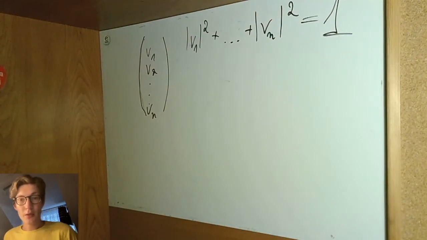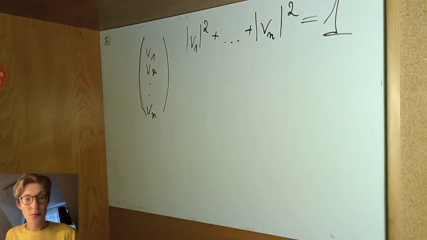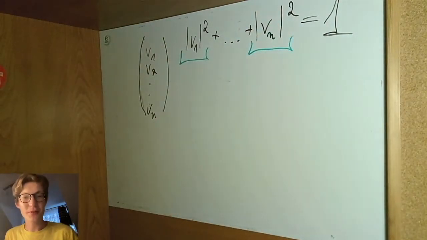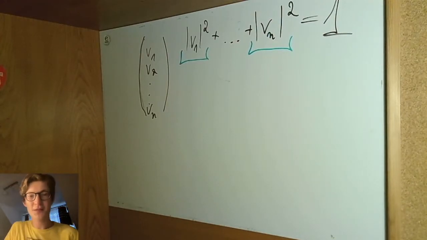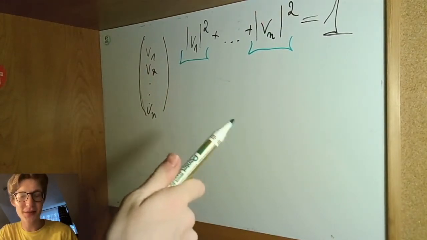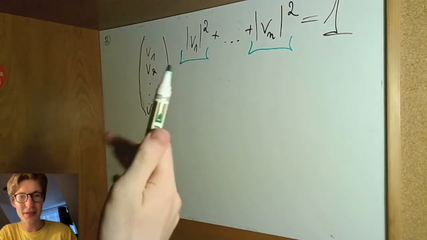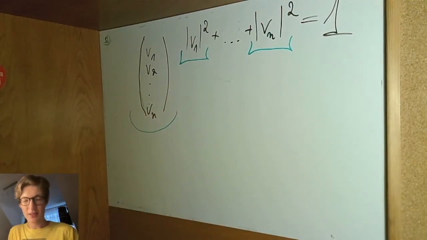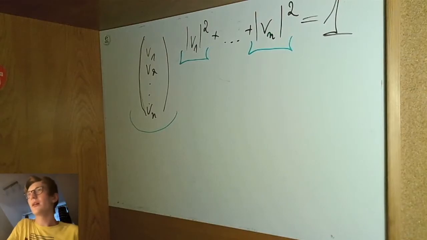Why do we want this condition to hold? Because the intended interpretation of these squares is that they are probabilities of obtaining these consecutive basis vectors during measurement of the quantum state described by this vector, right?